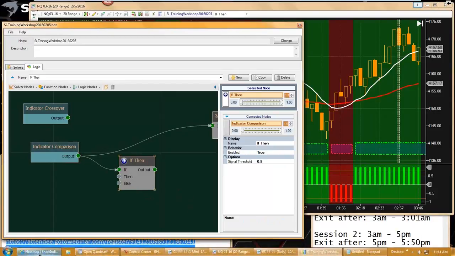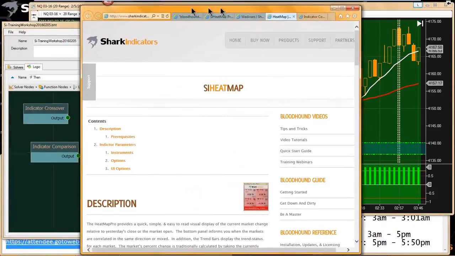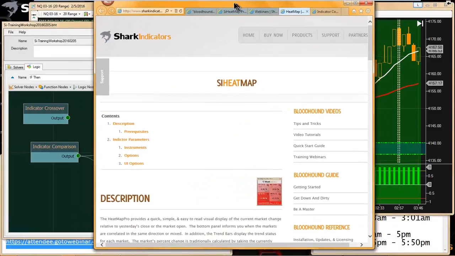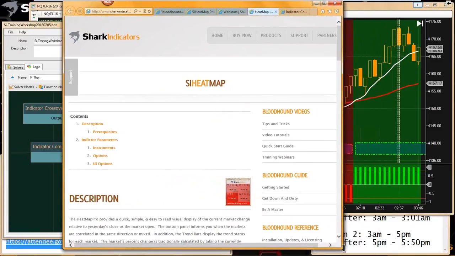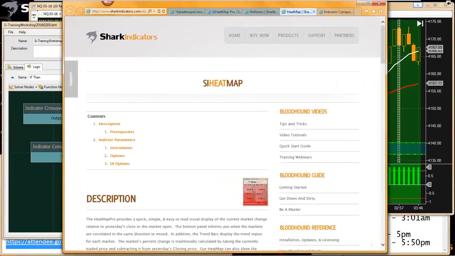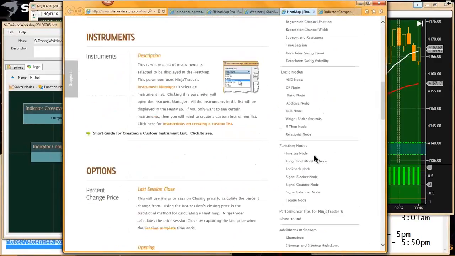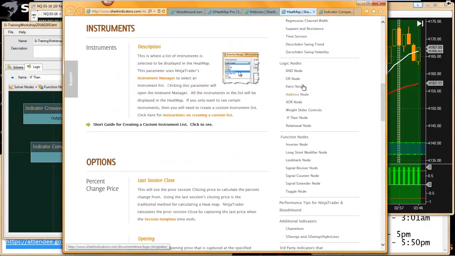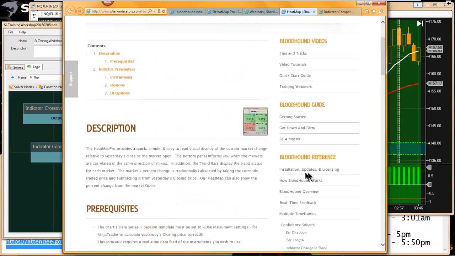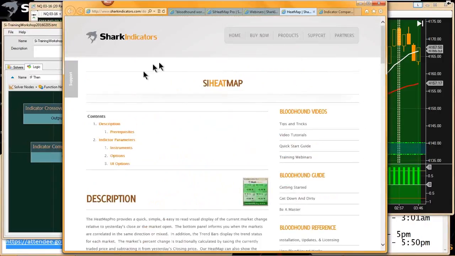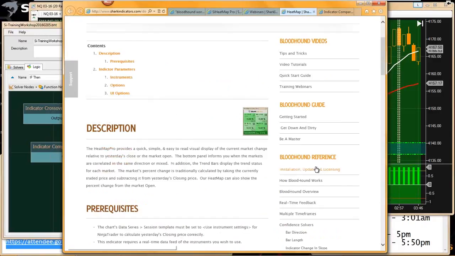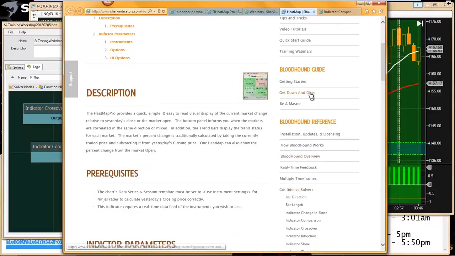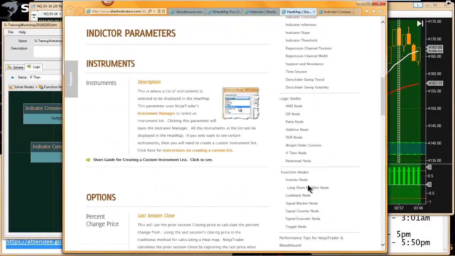And I'm going to bring up a drawing here to help illustrate the if-then node. I'm on our website, and I've got a documentation page up, the reference page, with the documentation menu.